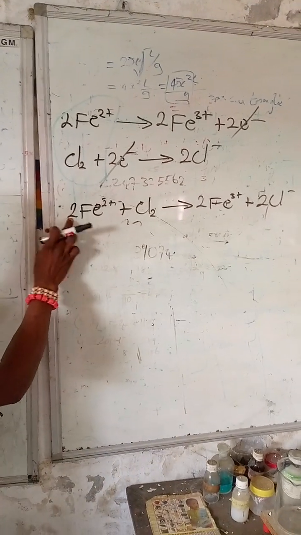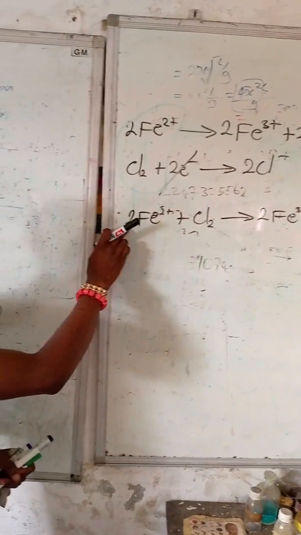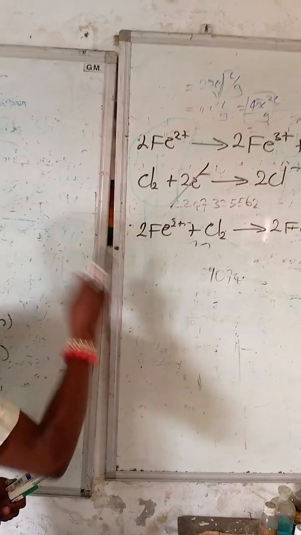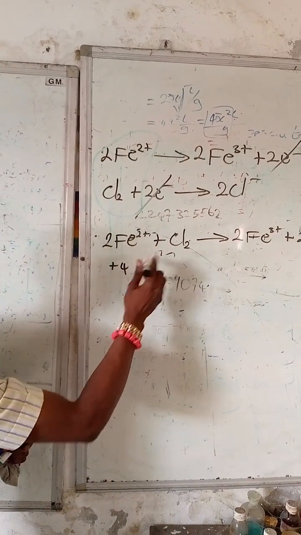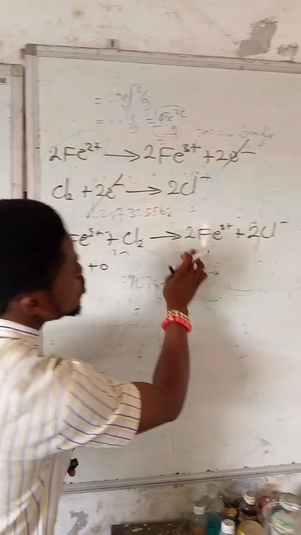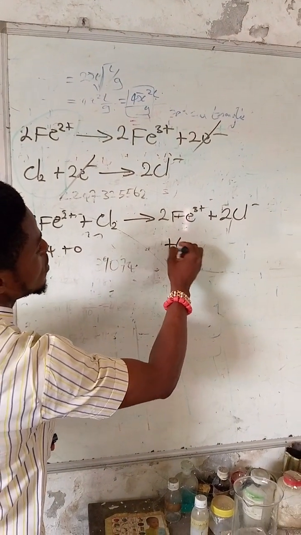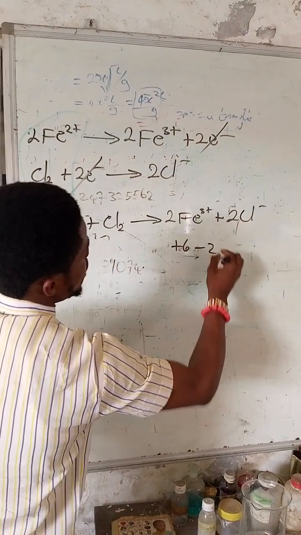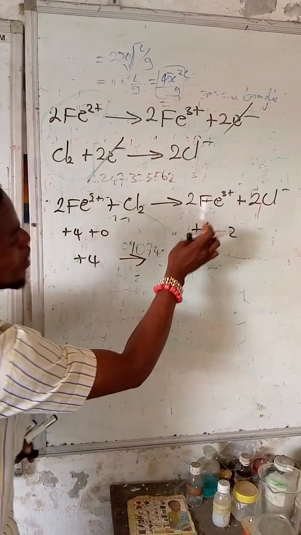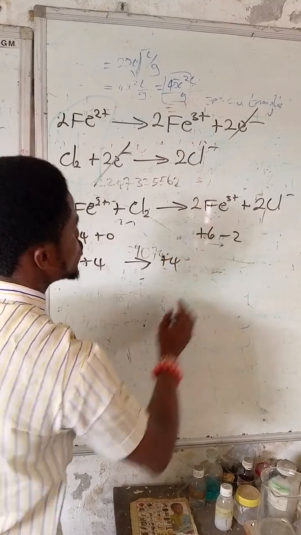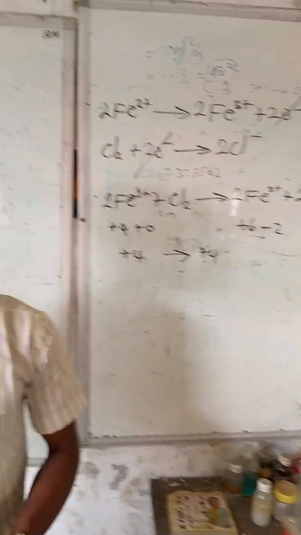Don't forget that the number of moles plays an important role during redox reactions. So 2 times +2 will give us +4. Now, this is 0 plus 0. Coming down to this, 2 times 3 is +6. So 2 times 1 will give us -2. So +4 plus 0 will give us +4. While +6 minus 2 will give us +4. So the reactant will balance the product. So this reaction is balanced.